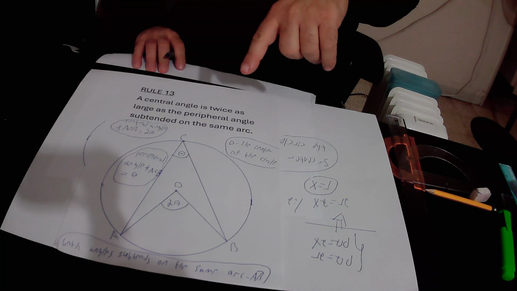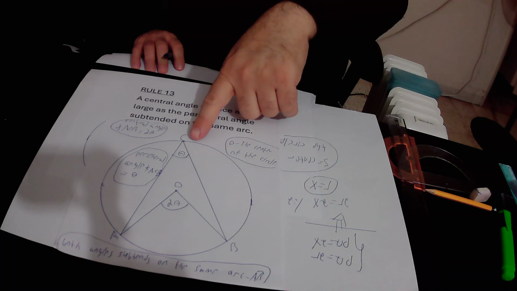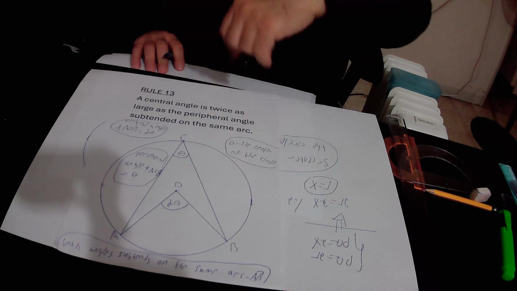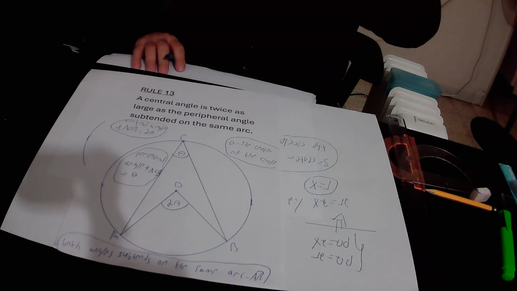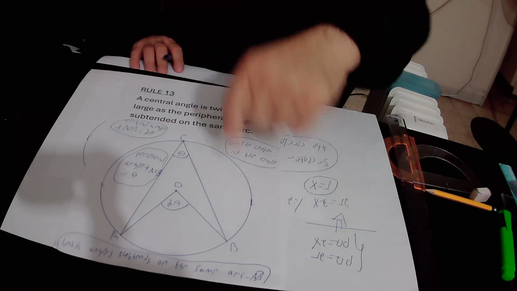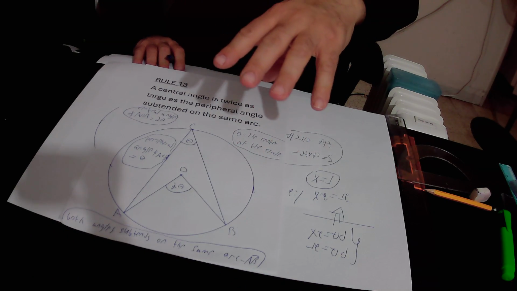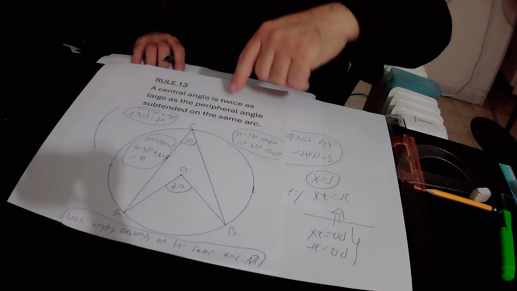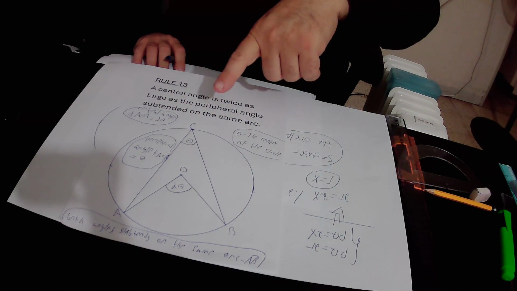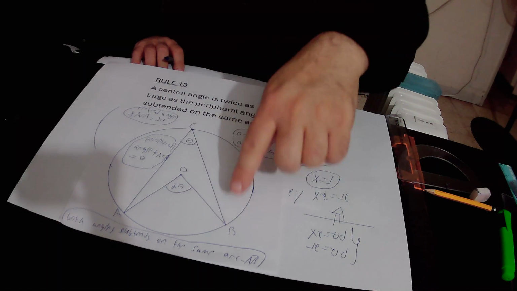Inside this circle we have peripheral angle ASB. This peripheral angle ASB equals theta in its size, and peripheral angle ASB is subtended on arc AB. In addition, we have in this drawing the central angle AOB that is subtended on the same arc, arc AB.